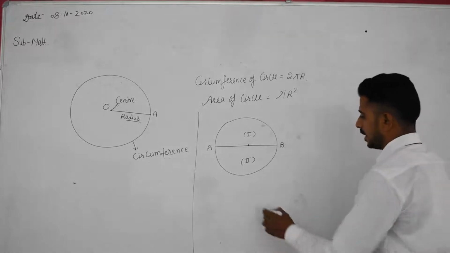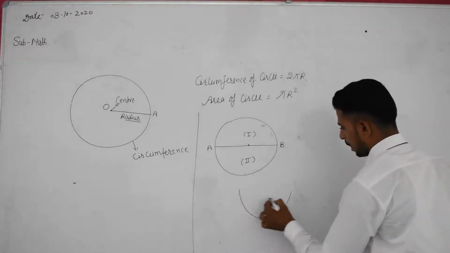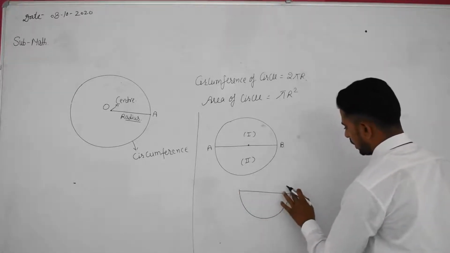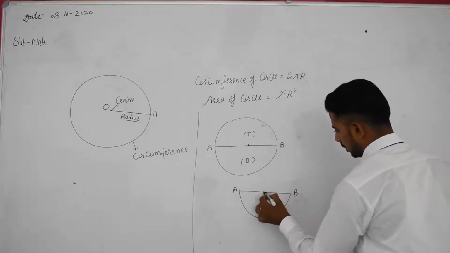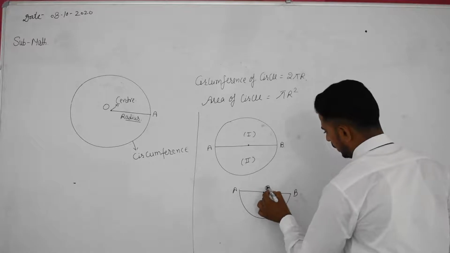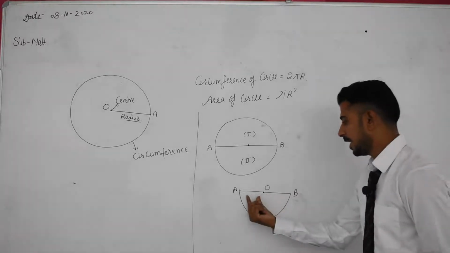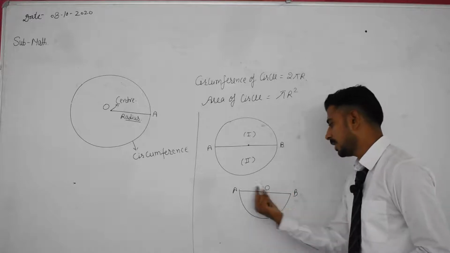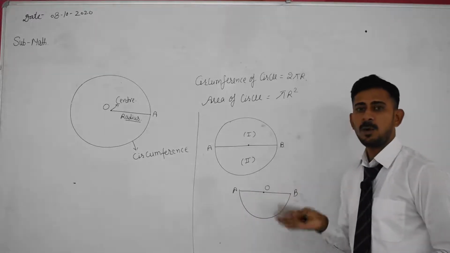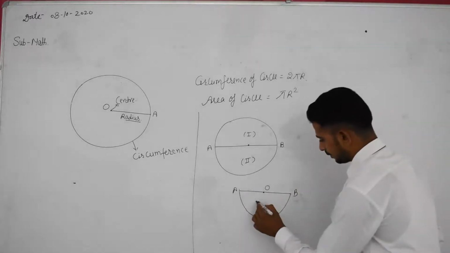Half of the circle is called a semicircle. Center point is O. OA is the radius and OB is also radius, and this complete part is a half circle or semicircle.